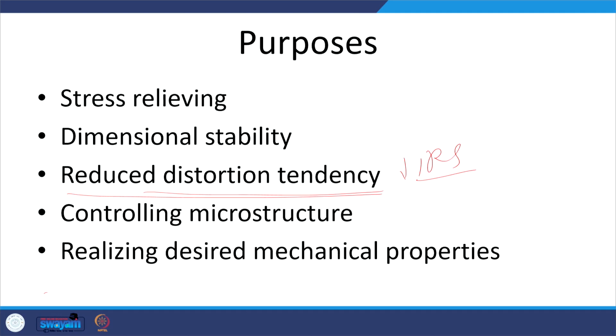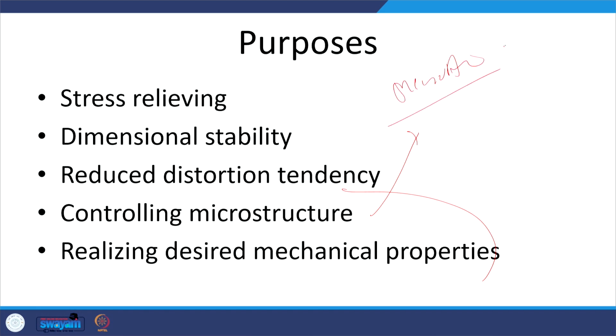Okay, the major purpose of the heat treatment is to control the microstructure. So we can change the grain structure of the casting, or we can change the phase structure, or both. Okay, and when this controlled change in the structure is realized, we are able to attain the desired set of the mechanical properties.